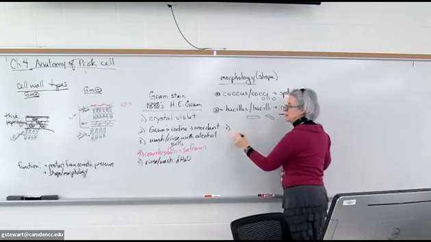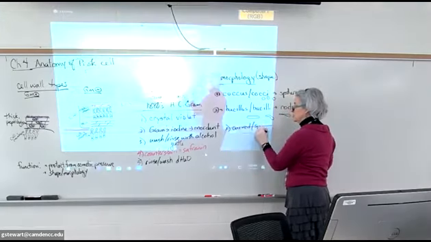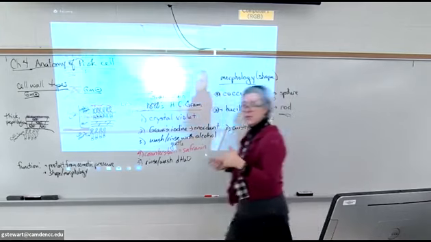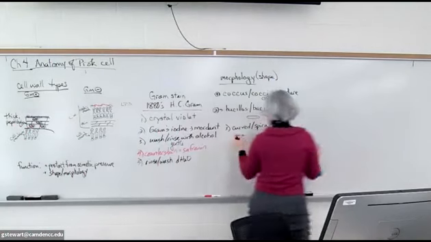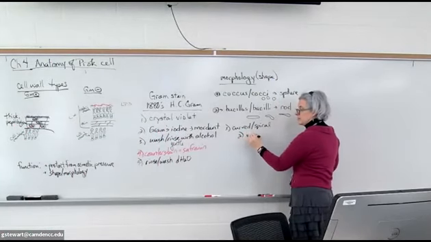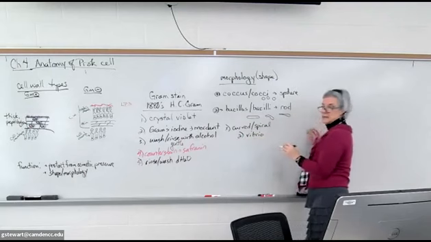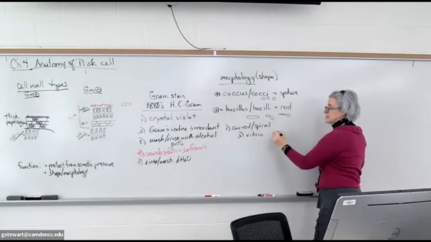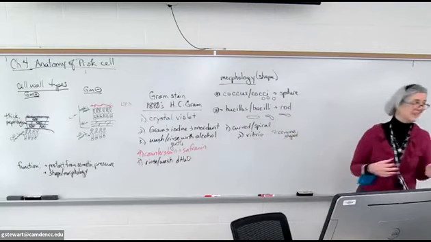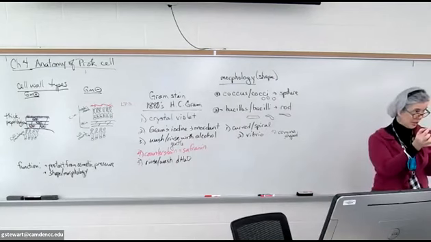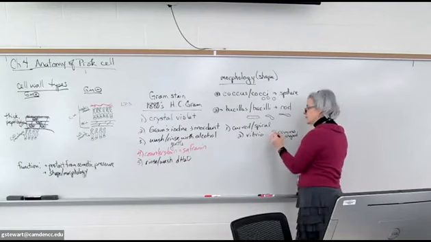Third possible shape, really we call it curved or spiral shaped. And there are 3 subcategories of spiral or curved. A vibrio, and that literally means comma shaped. Technically it's a rod, but it has a little curve to it, and all of them would have that shape.